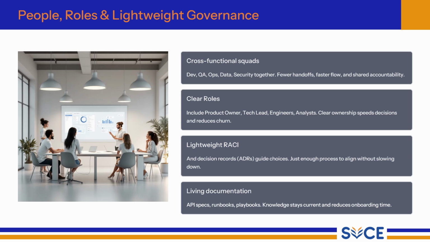Fewer hand-offs, faster flow and shared accountability. Instead of passing the ball from one team to another, all roles work together like one squad, faster, smoother and more accountable. So, one team shares the ownership among all the members of the team.